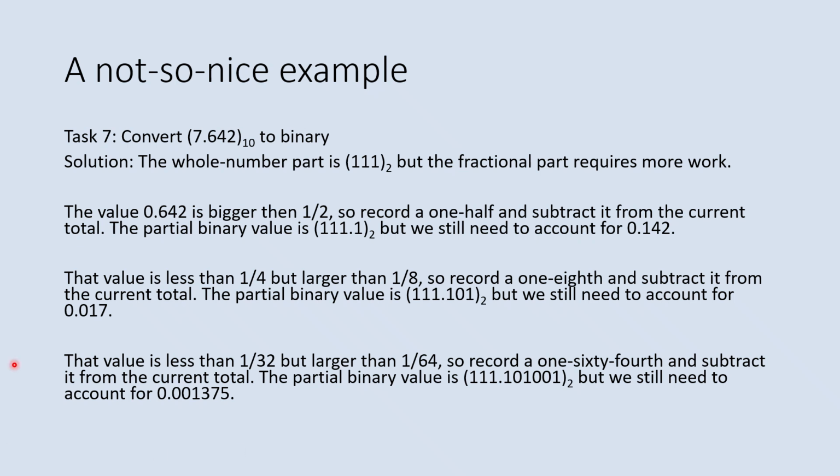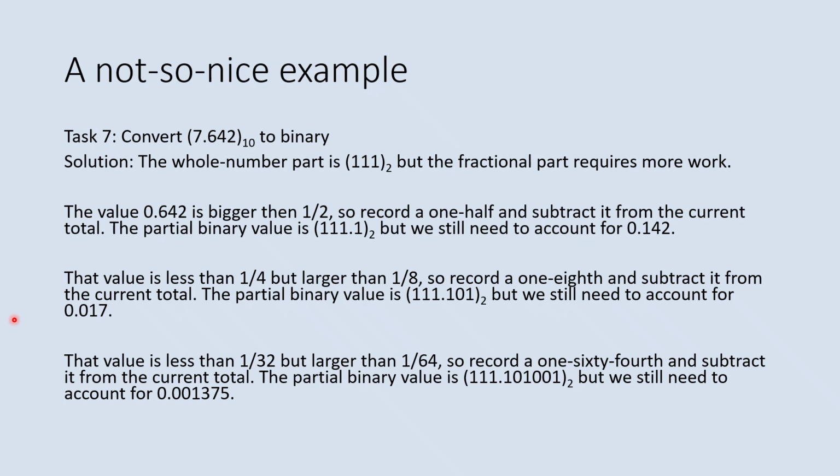That part is even further out, and even further, and further, and it turns out that this number, 7.642 in decimal, to write it in binary, we have to go into a binary fraction that does not terminate. It just keeps going and going, because as far as powers of 2 are concerned, there's always a little bit left.